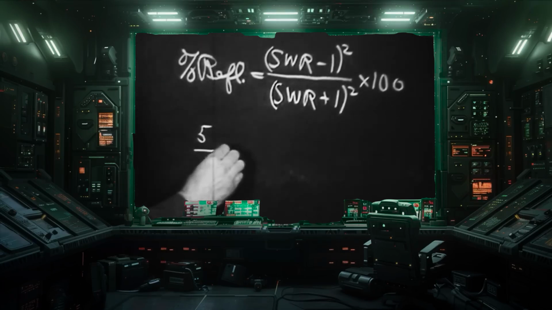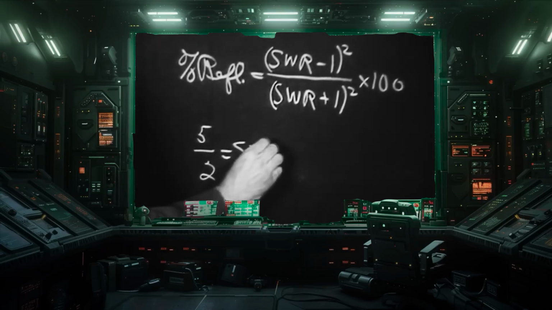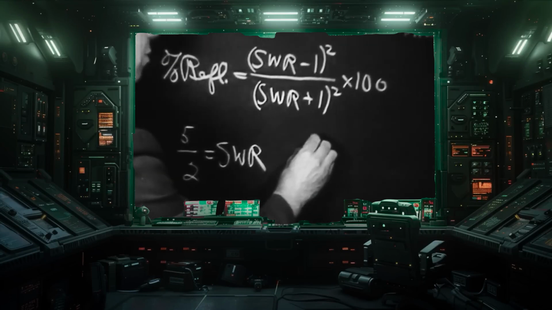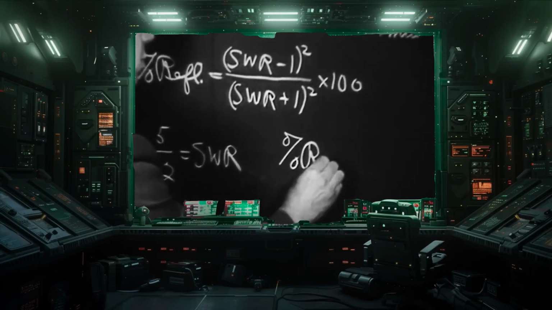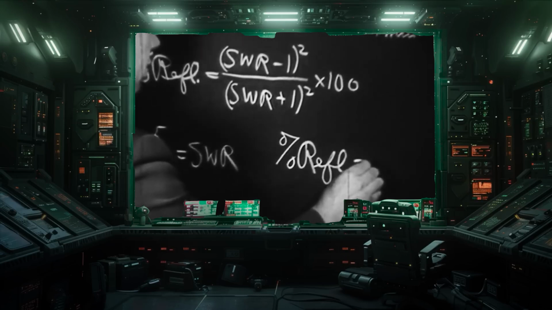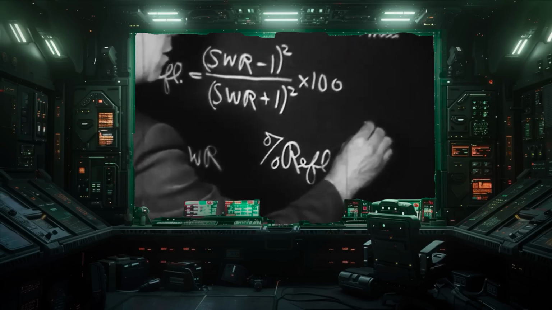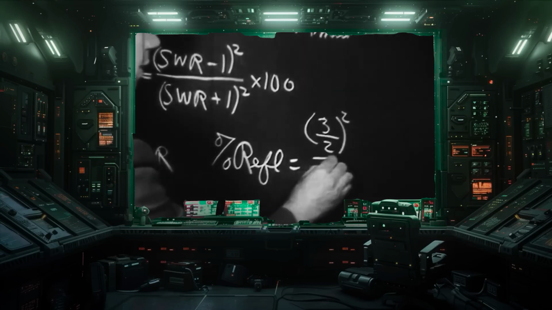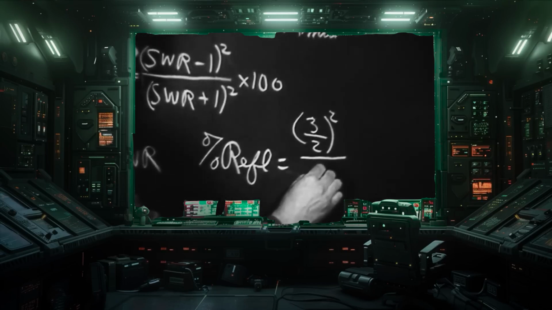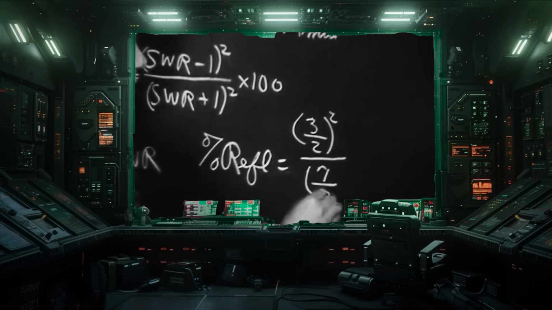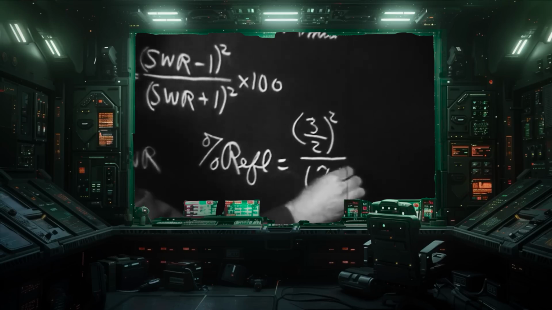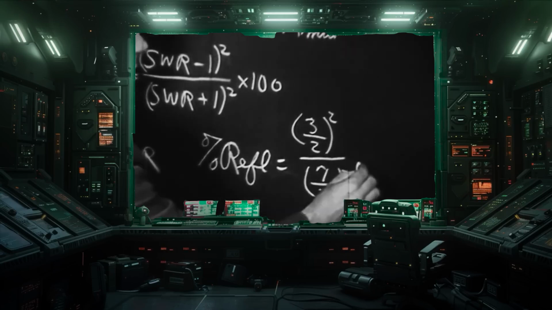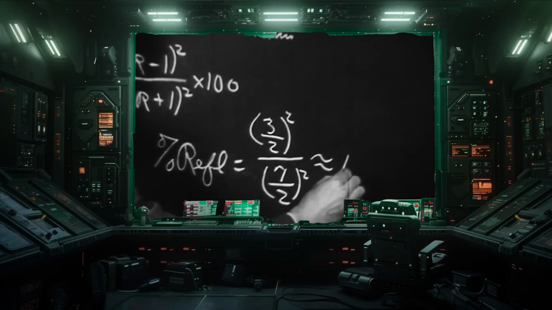Therefore, the standing wave ratio is 5 halves. Substituting in the percent reflection formula, we obtain percent reflection is equal to 5 halves minus 1, which is 3 halves squared, divided by 5 halves plus 1, which is 7 halves squared, which gives us 9/49, or about 18%.